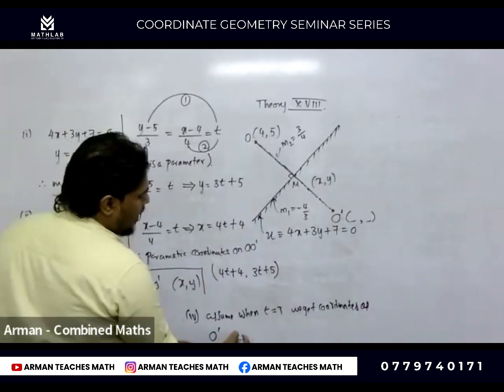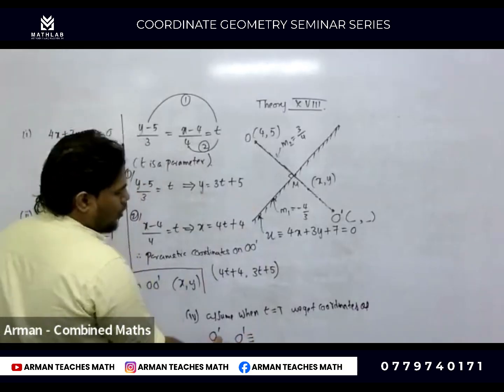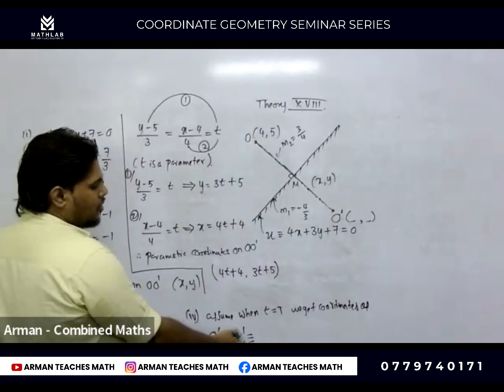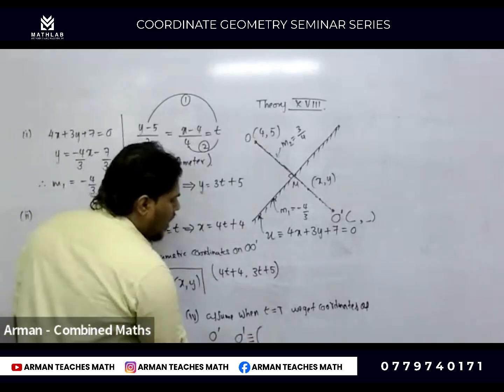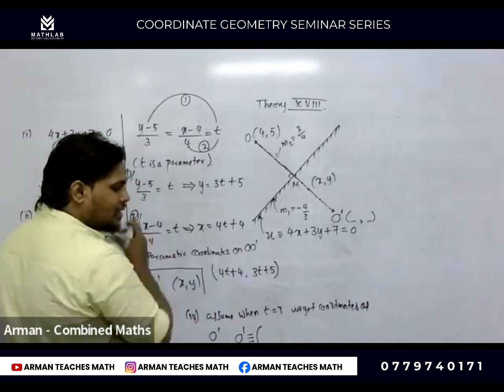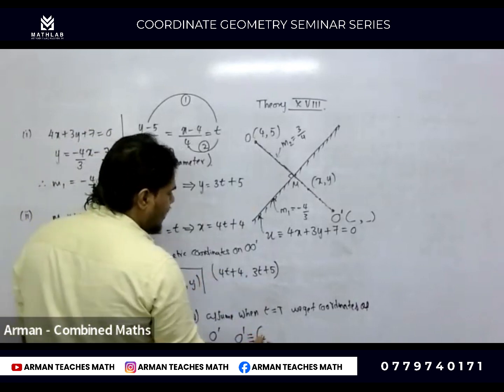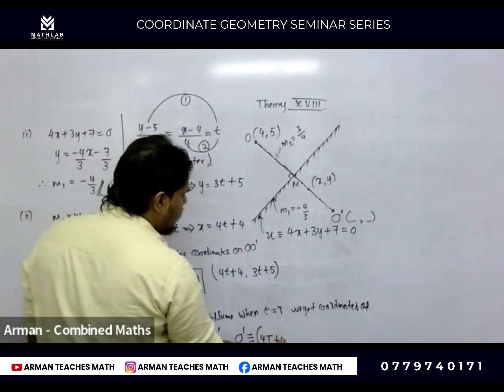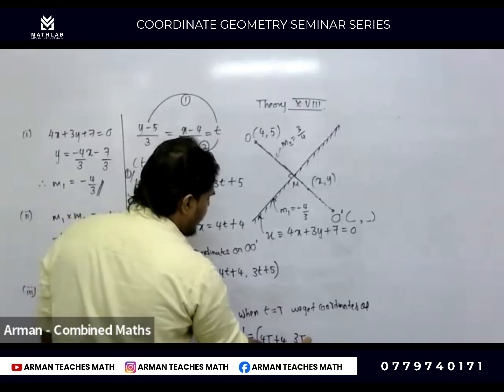Then I can write the O dash coordinates. This is how we write coordinates. When t equals capital T, the point O dash is 4 plus capital T, comma 3 capital T plus 5.